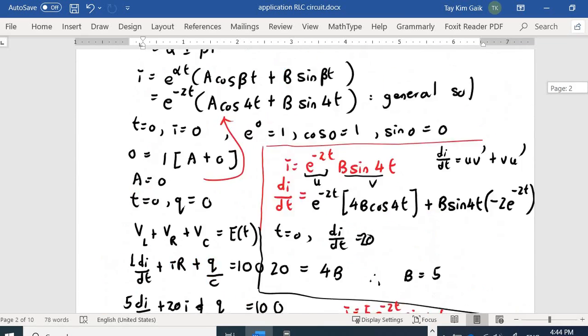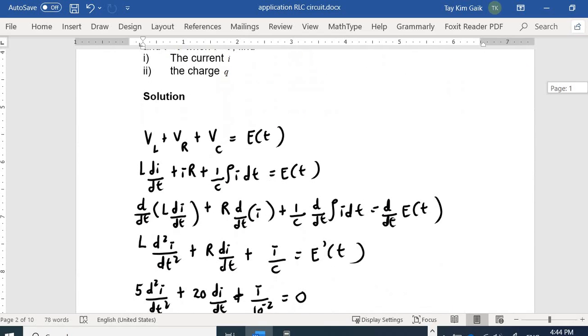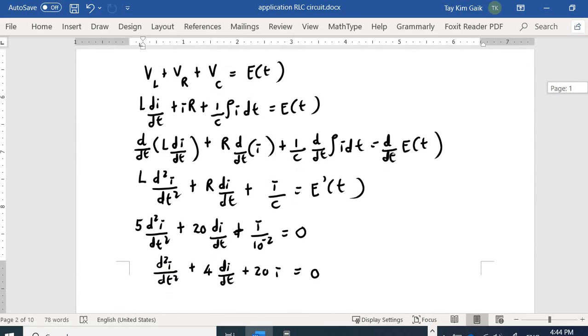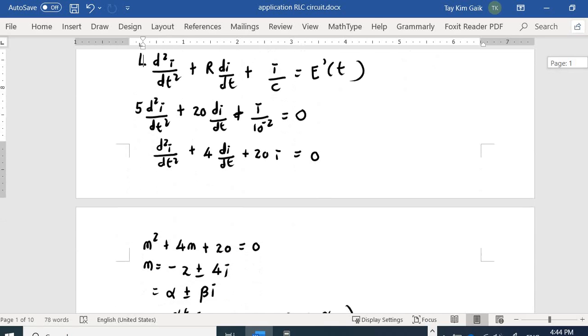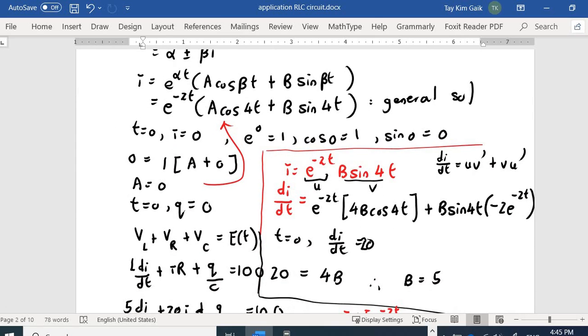Because it is the same RLC circuit. The same RLC circuit is modeled in terms of current I: we have L d2i/dt2 plus R di/dt plus I over C equal to E prime t. Because Et is constant, E prime t is 0, which gives a second order homogeneous equation. We solve the second order homogeneous equation. Then plug in t = 0, I0, and we find A equal to 0. To get the P, we plug in t = 0, Q0.